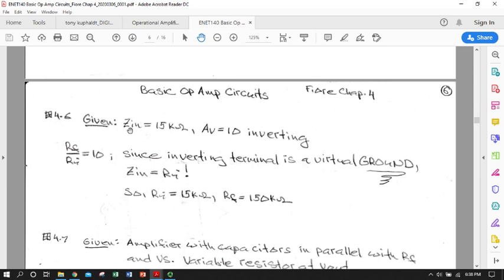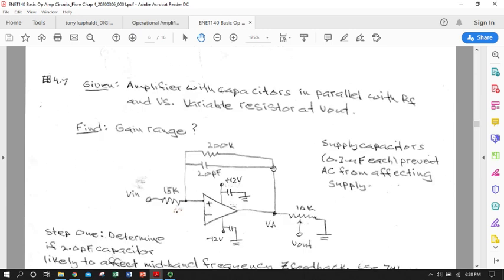And we can use the fact that a 15 kilo ohm input impedance is desired to define R sub I. So R sub I becomes 15 kilo ohms. That defines the input impedance, the resistance between the input signal and that virtual ground at the inverting terminal. If we know R sub I is 15 kilo ohms and R sub F over R sub I is 10, R sub F is 150 kilo ohms. Easy peasy. We have both of the resistors for our feedback network. We've effectively designed our circuit.